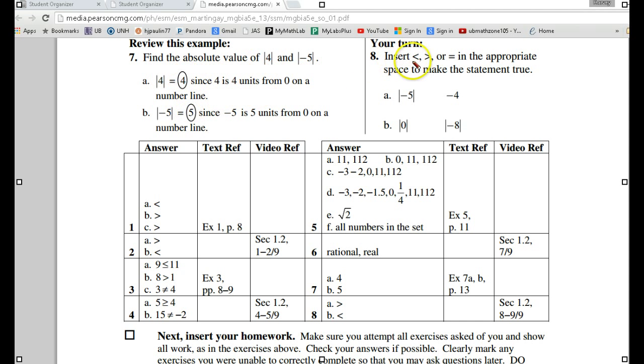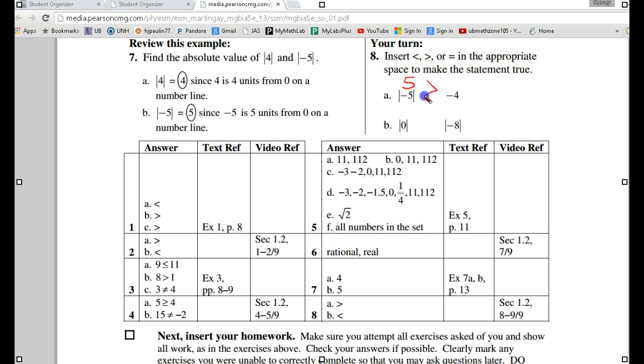And here we want to put these inequality symbols there. So the first thing we have to do is take the absolute value of negative 5, and that gives us a 5. So 5 is what compared?